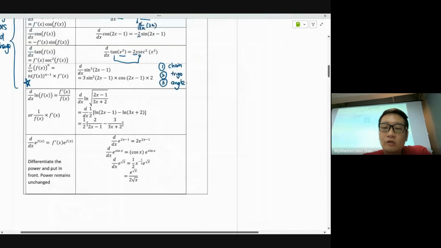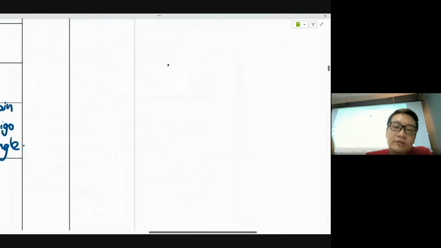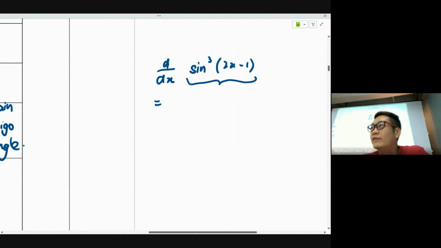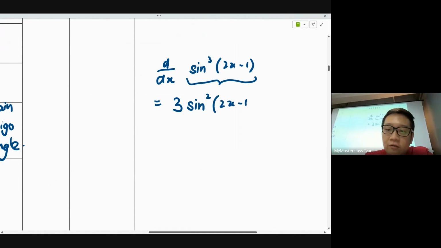Okay, so I'm just going to work this example here. Differentiate sine cube of 2x minus 1. This guy, anything with a power like that, is always a chain. So differentiate the chain. What do you do with the chain? Power bring down 3. Then it becomes sine square 2x minus 1. You can see we settle the chain first, right? Now differentiate the trigo.